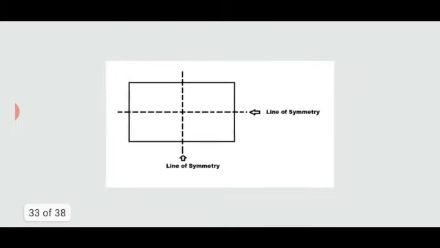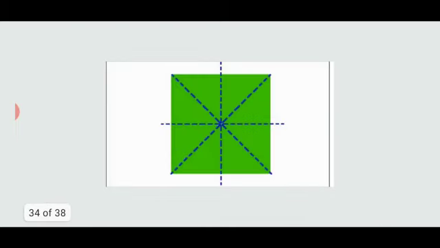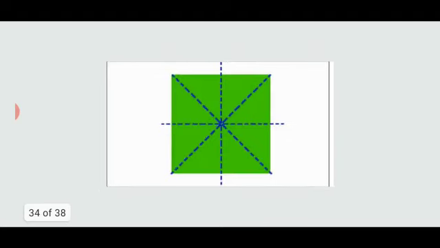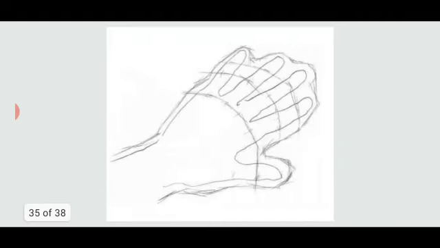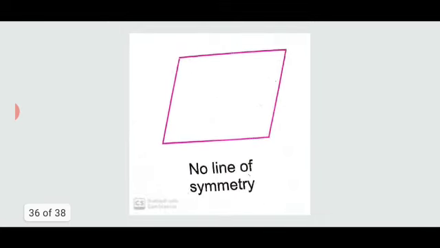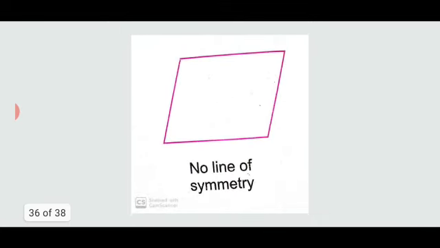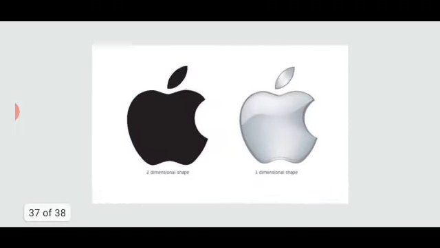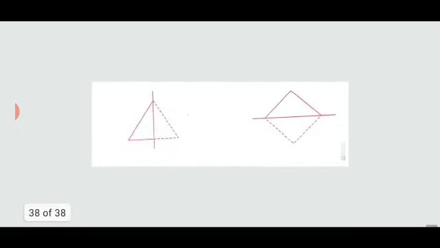Some of the shapes have more than two symmetrical lines: three lines of symmetry, four lines of symmetry. There are some shapes which are not symmetrical at all. When an object has symmetry, we call it symmetrical. When an object has no symmetry, we say that it is asymmetrical.